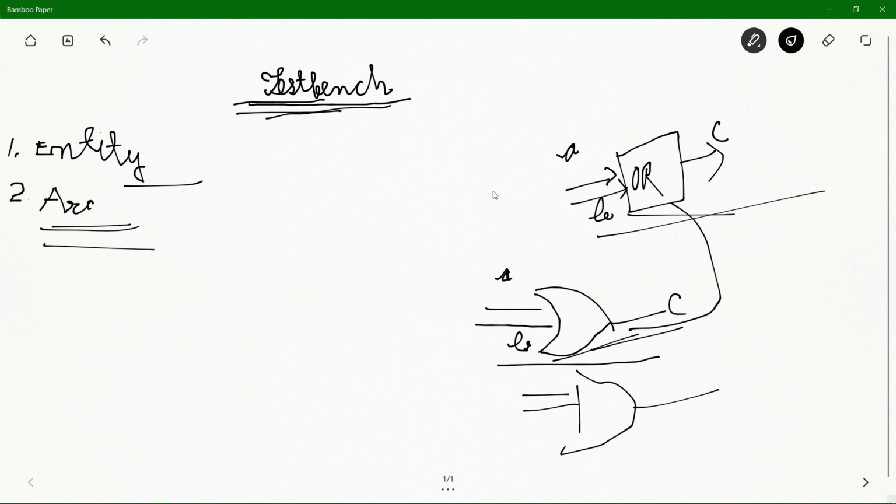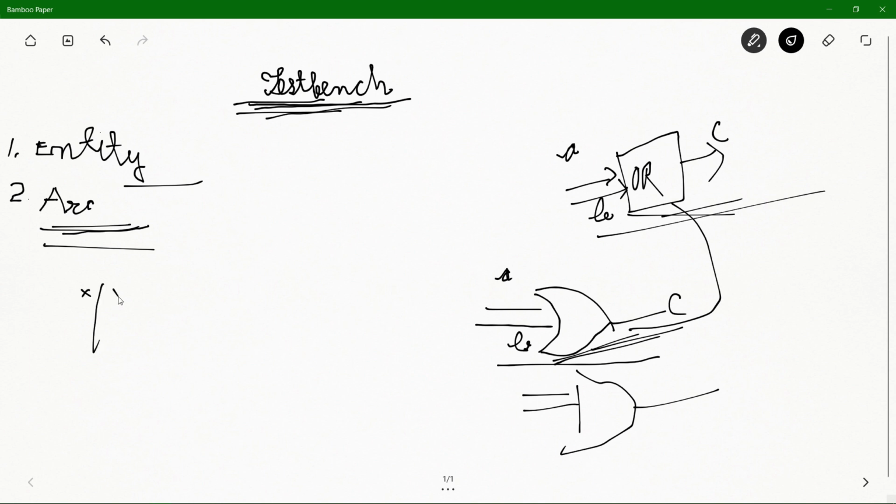So for testing that, we have the test bench, right? So what is happening in the case of a test bench? Whatever architecture we obtain after making this diagram, we will give the inputs to it.